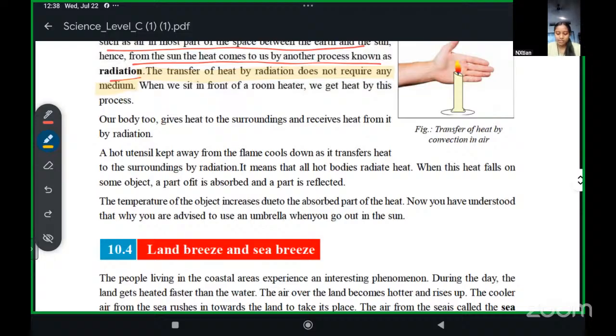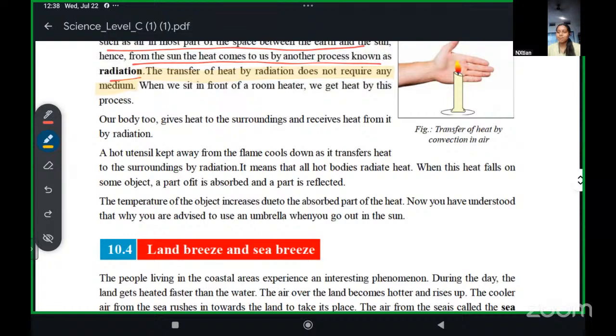That is why we use an umbrella when we go out in the sun, so that we can shield ourselves from the radiation. The umbrella absorbs the heat and reflects it, and then we are safe.